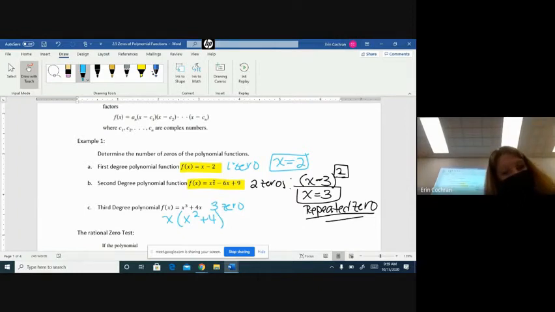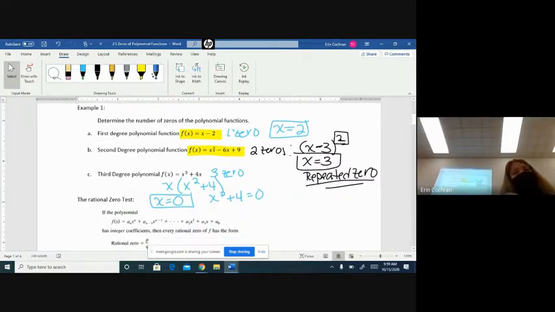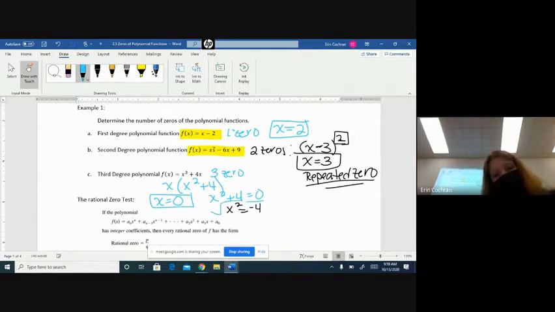So now we set them equal to 0. x equals 0, and then x squared plus 4 equals 0. So here is one solution. How would I solve the other one? Subtract the 4, so x squared equals negative 4. And then how do I get rid of the square? Square root it.